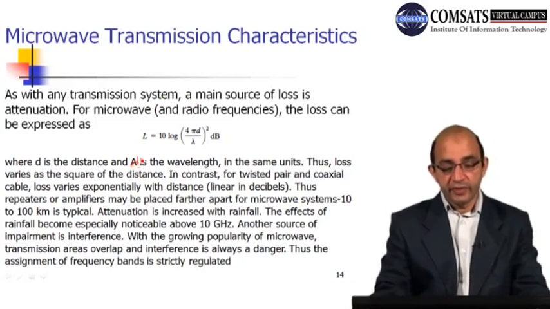Lambda is the wavelength. So you can see from this expression that the loss varies at the scale of the distance, right? Because for a particular frequency we have a fixed bandwidth, so this has to be a constant. 10 is already constant, 4 is also constant, pi is also constant, and we already have the scale, right?